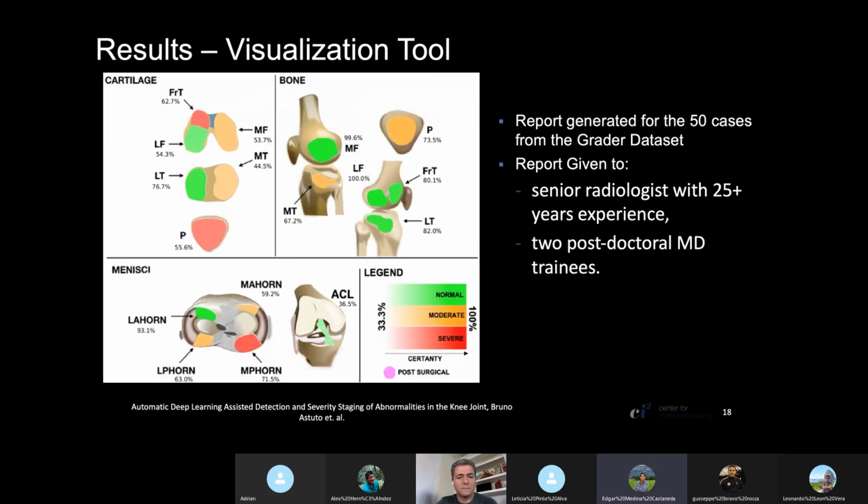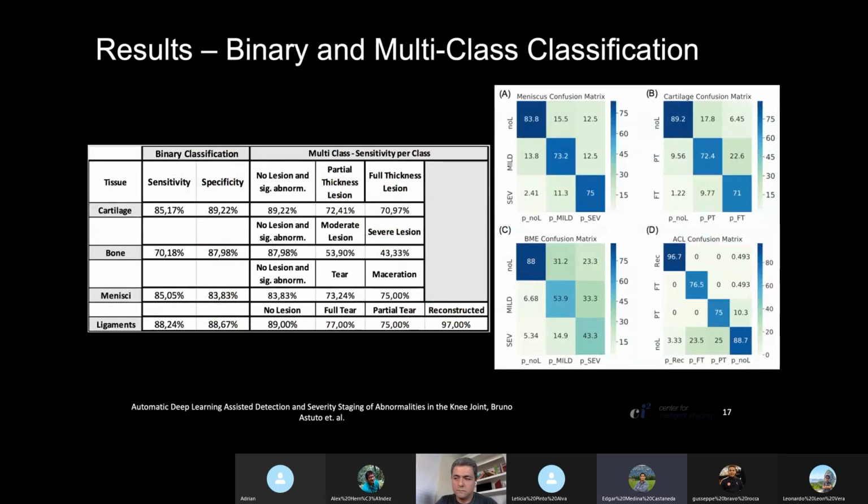I have a question, but I'm not sure if it's okay or a misunderstanding. You mentioned sensitivity and specificity, but those metrics are related to the classification, and the segmentation metric is not included, right? Yeah, this is just classification. But you told my colleague Leticia that you use Dice and also intersection over union, right?